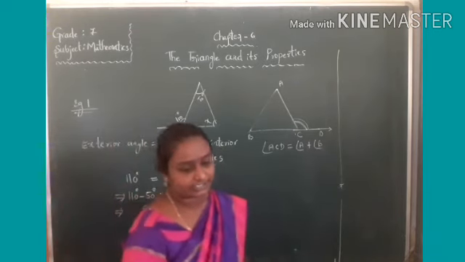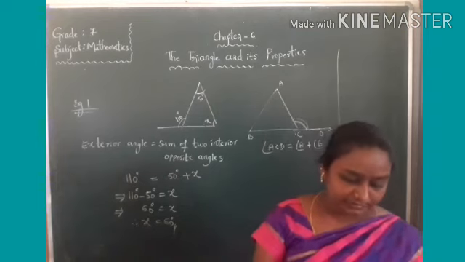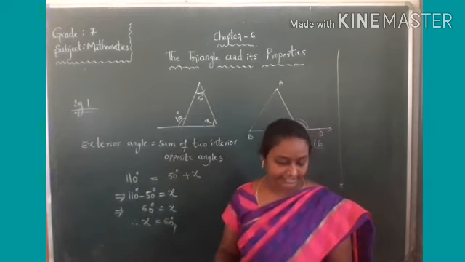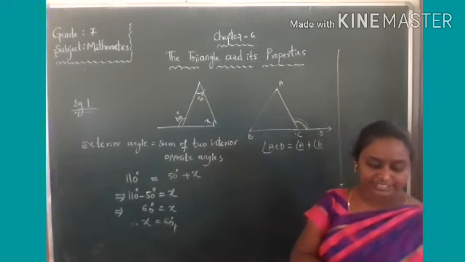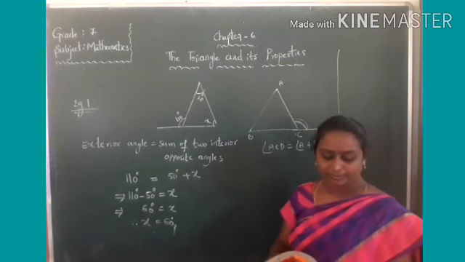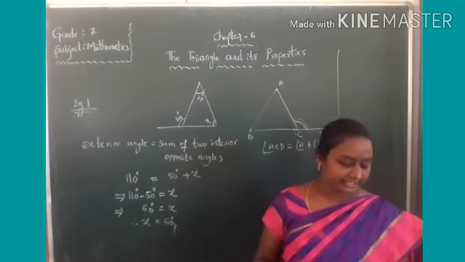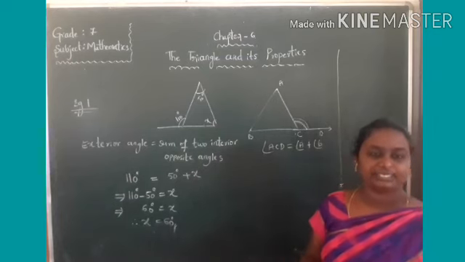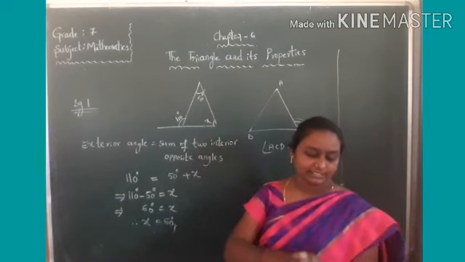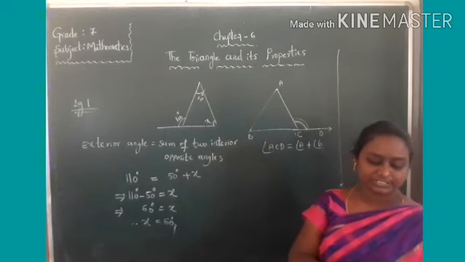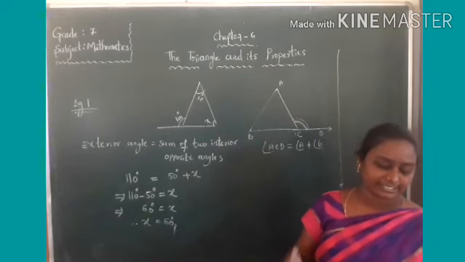Okay, children. Next, here we have Think, Discuss and Write. What can you say about each of the interior opposite angles when the exterior angle is a right angle, an obtuse angle, an acute angle? What can you say about interior angles and exterior angles?